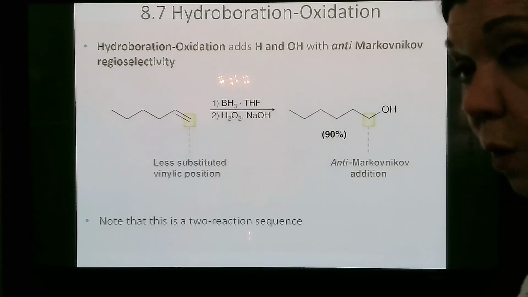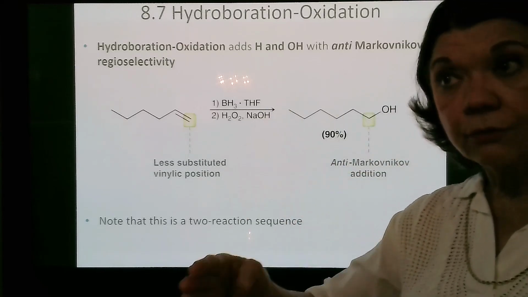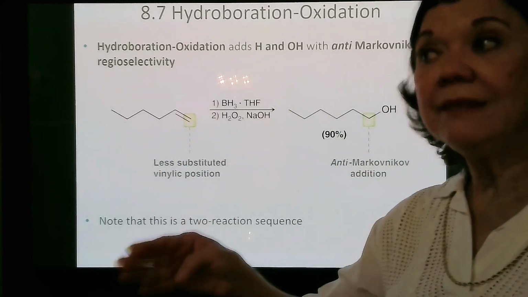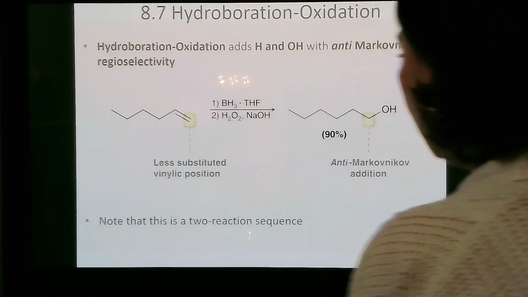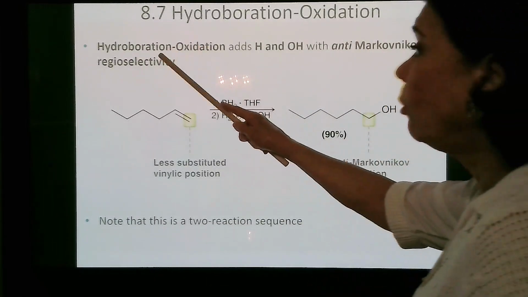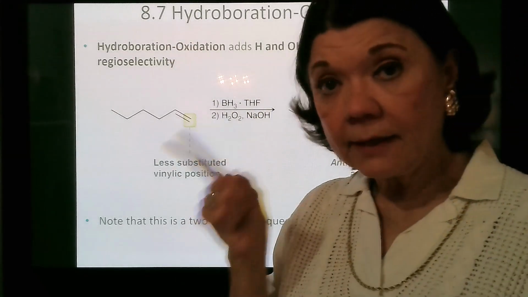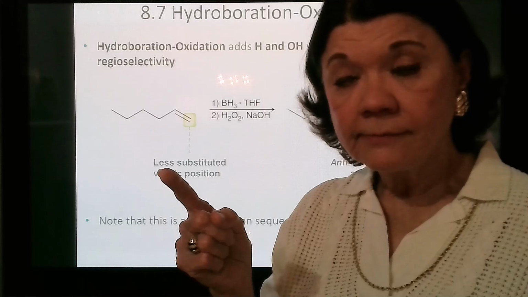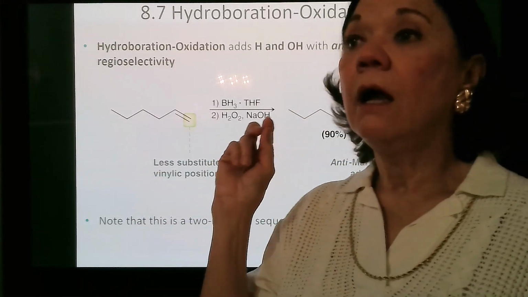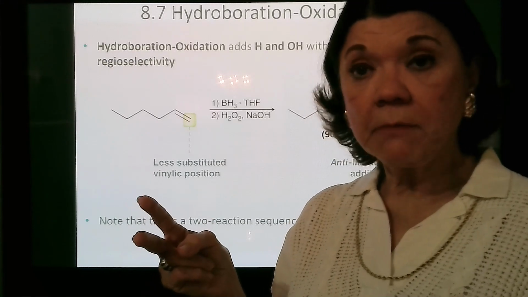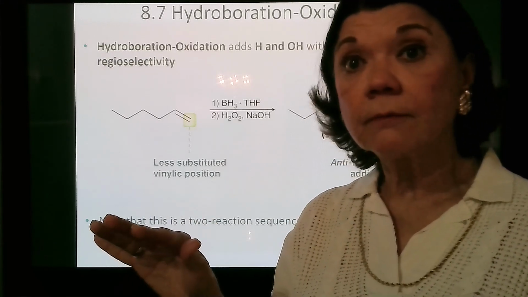So another way to synthesize alcohols, you can see we're sort of marching down through the syntheses of alcohols. So another way to synthesize alcohols is hydroboration oxidation. So we've had catalytic hydrogenation to give the Markovnikov product. We've had oxymercuration, demercuration to give the Markovnikov product with no rearrangement.